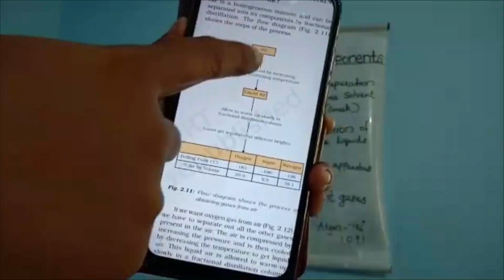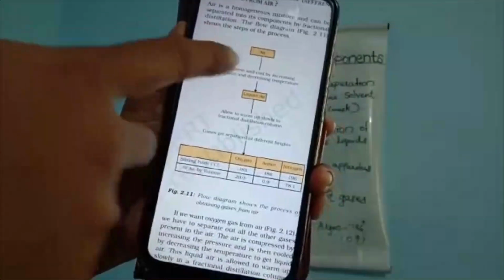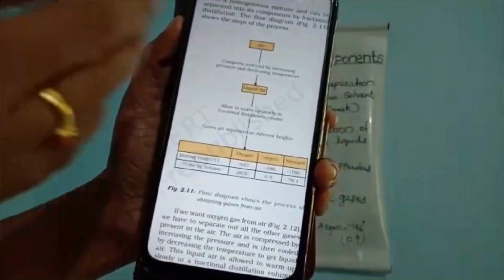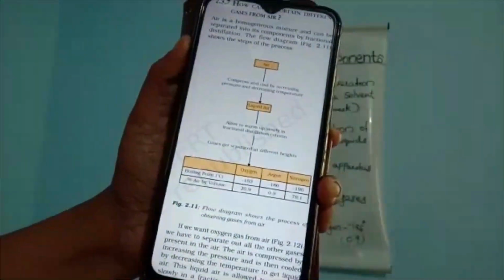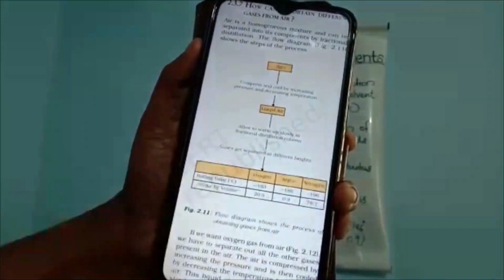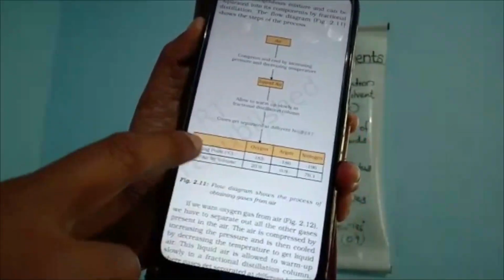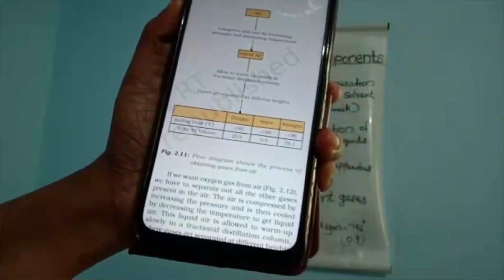Air. From that air, first we compress and cool it by increasing the pressure and decreasing the temperature. After that it forms liquid air, and it is allowed to warm up slowly in the fractional distillation column, and gases get separated at different heights. In this table they are marking the boiling point and percentage of air by volume. Three gases are given with their boiling points.